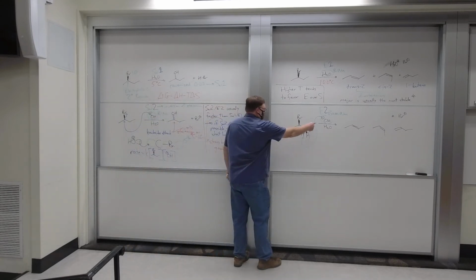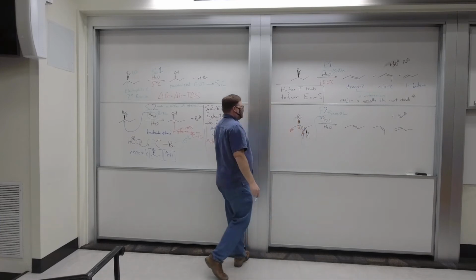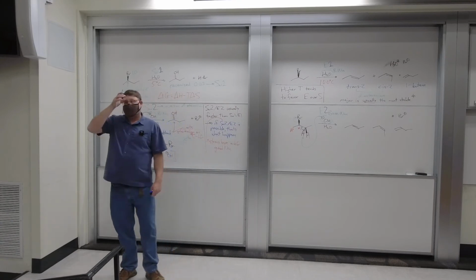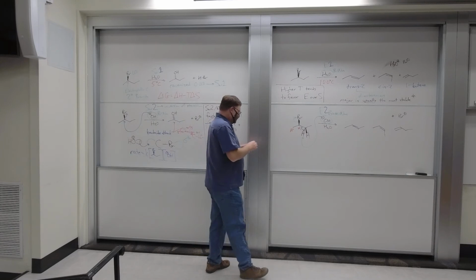So O makes a bond to H. The C-H electrons make the pi bond. The carbon-bromide bond breaks, and the electrons go on the bromide. So it's one step.